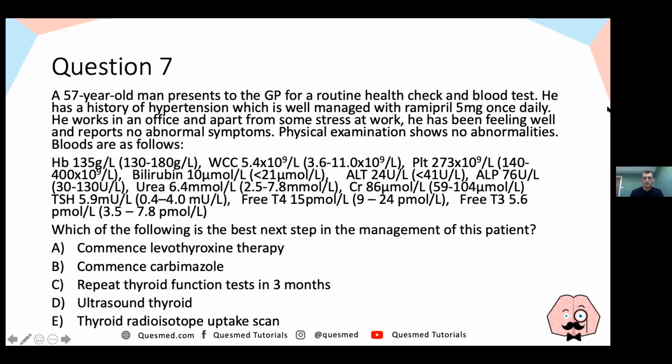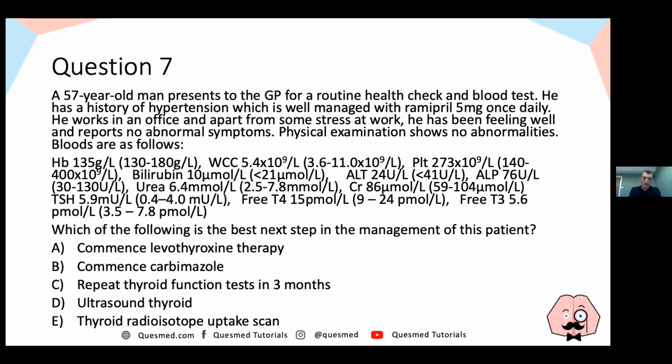Question 7. A 57-year-old man presents to the GP for a routine health check and blood test. He has a history of hypertension, which is well managed with ramipril, 5 milligrams once a day. He works in an office, and apart from some stress at work, he's been feeling well and reports no abnormal symptoms. Physical examination shows no abnormalities, and blood results are as follows.